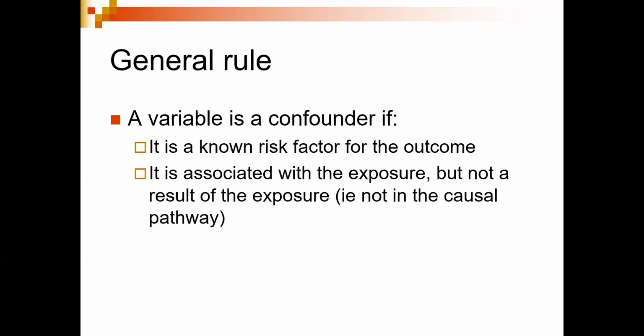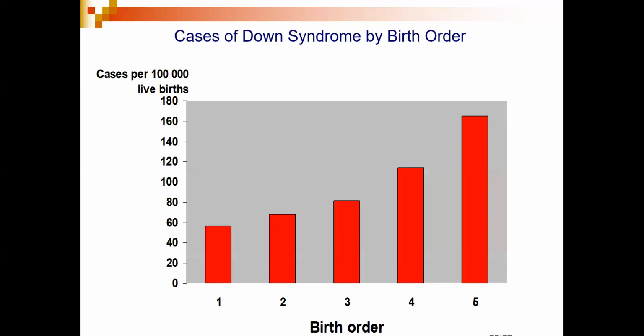So it's not in the causal pathway. This is very important. It is associated with the exposure, but not as a result of the exposure. That is, it is not in the causal pathway. We're going to illustrate what we mean when we say it is not in the causal pathway.